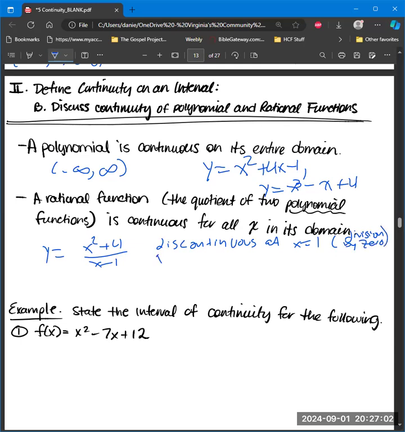So its domain is negative infinity to positive 1, union 1 to infinity, and it's continuous on that entire domain of negative infinity to 1, union 1 to infinity.